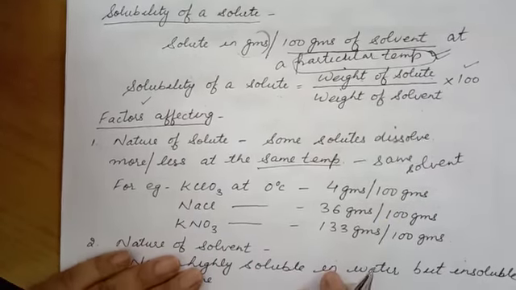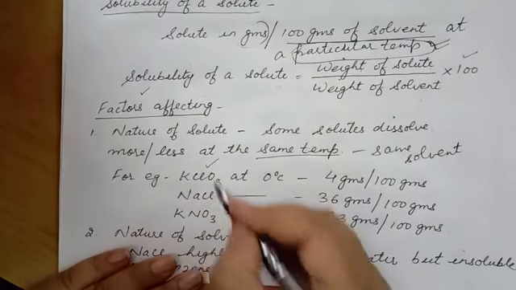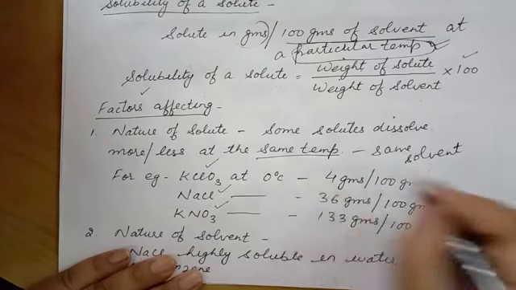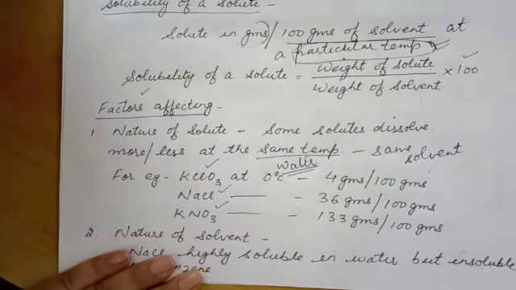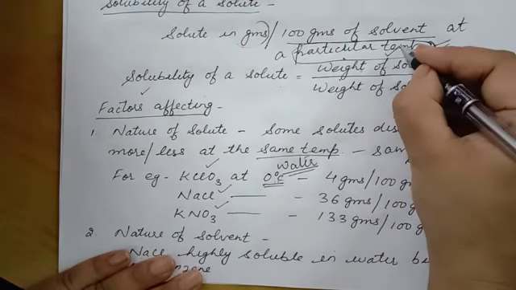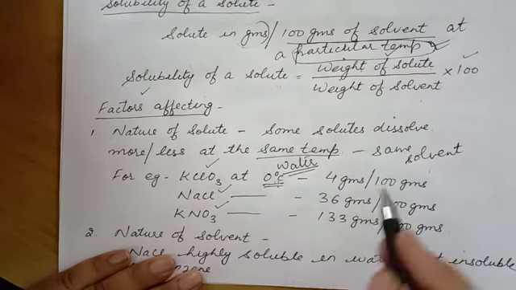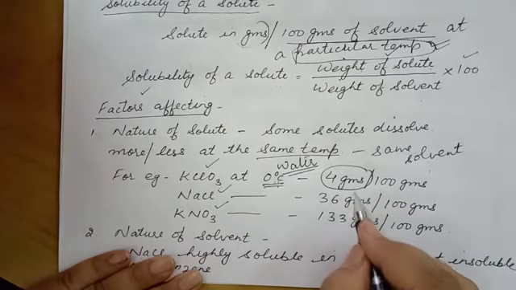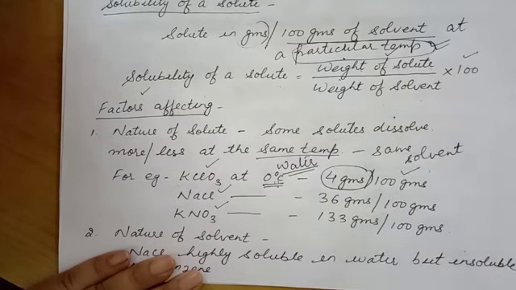For example, let me take three examples: potassium chlorate, sodium chloride and potassium nitrate, and solvent is water. At 0 degrees Celsius, this is the particular temperature, potassium chlorate amount is only 4 grams, that is soluble in 100 grams of water.